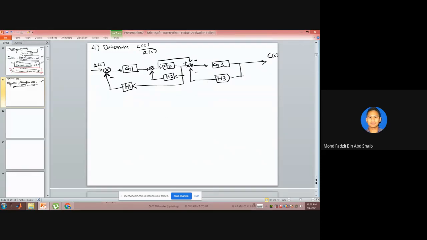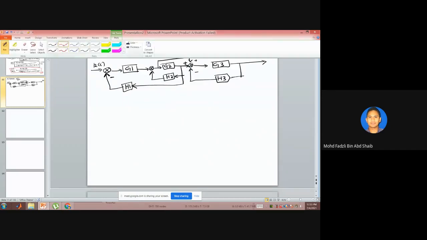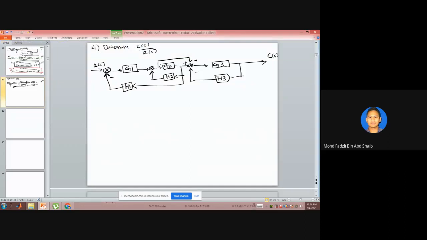Of course, this one you can solve, right? Because there is no barrier here, D3 and H3. We can solve this one. This one, we cannot solve if they have this thing. So we need to bring this into here, right here.